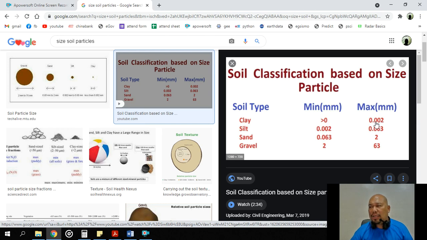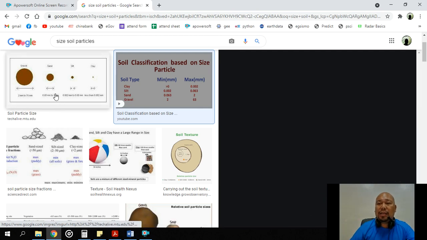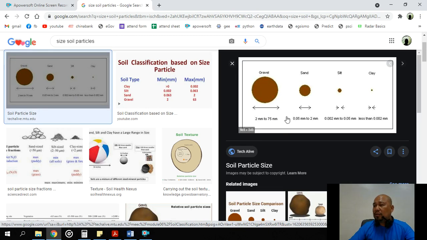Then its maximum size is 0.002. Silt is from 0.002 up to 0.063. Here it is 0.02 or 0.05, I don't know whose standard this is. And then sand is 0.02 or 0.05 up to 2. So they differ here, look. Gravel, sand 0.05 to 2, silt 0.002 to 0.05. Okay? So go over it and try to look it up, okay?